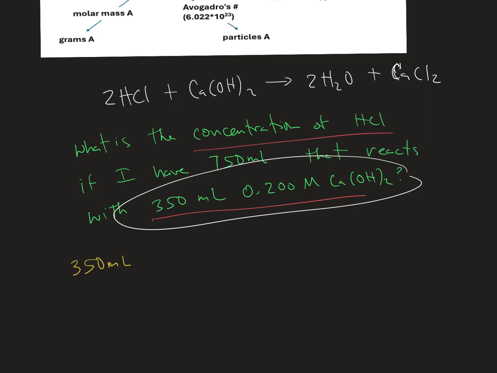Anybody starting with 350 milliliters, or who's starting with 0.2 molar? Do you want to start with 0.2 or 350? 350. Okay. I like to start simple, but it really doesn't matter. Remember, molarity is moles over liter. That's 2 units instead of 1.